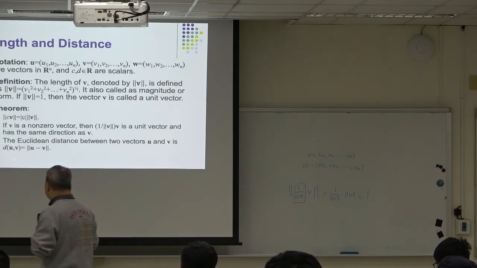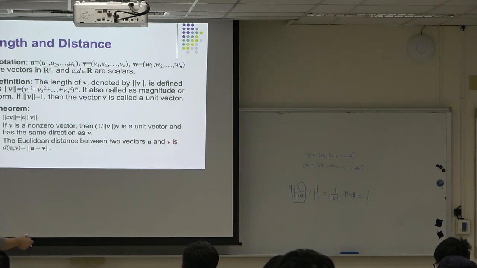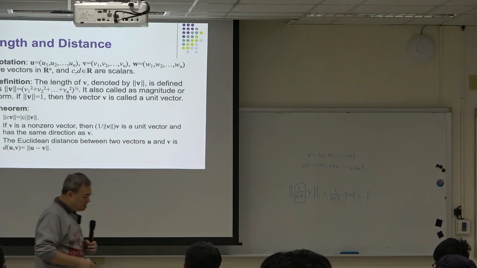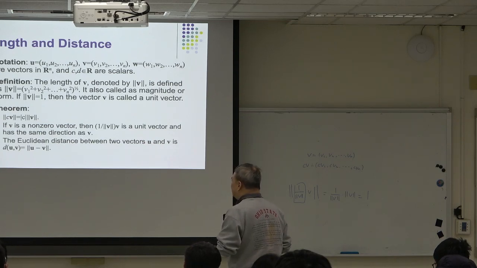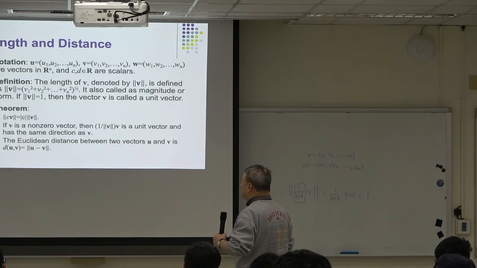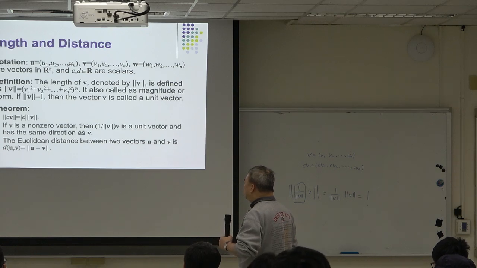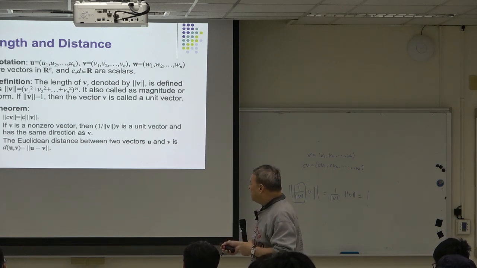The Euclidean distance between two vectors U and V is this one. To be honest, this is more like a definition than a theorem, because we haven't defined the distance between two vectors.